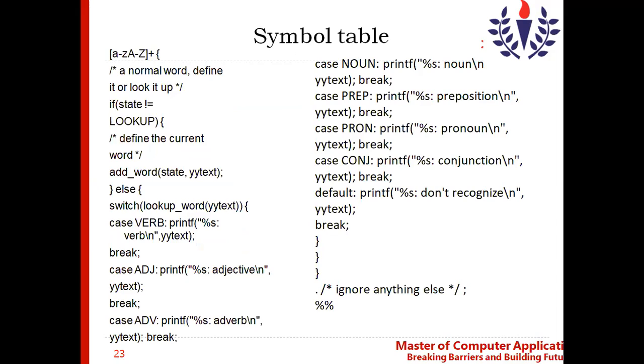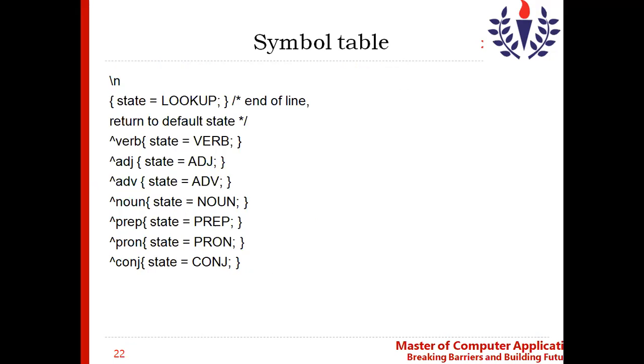Add word, state, comma, yytext. So what is yytext? A word is matched from A to Z and capital A to Z. That word is the yytext. And state will definitely not be equal to 0. Not equal to 0 means it might fall under any one of these categories; it may be any different type of word.